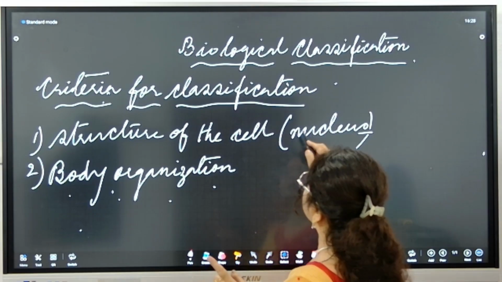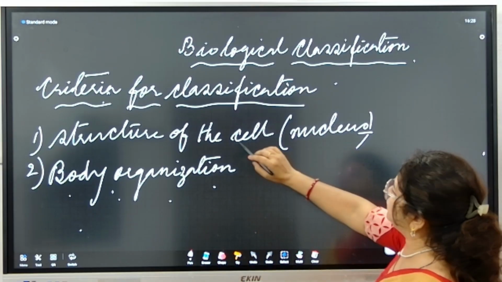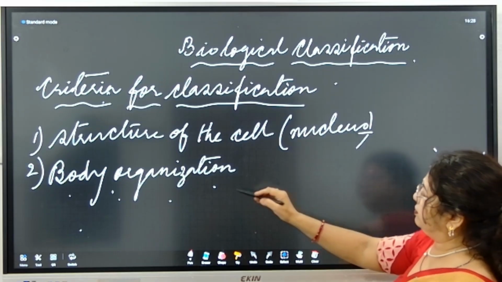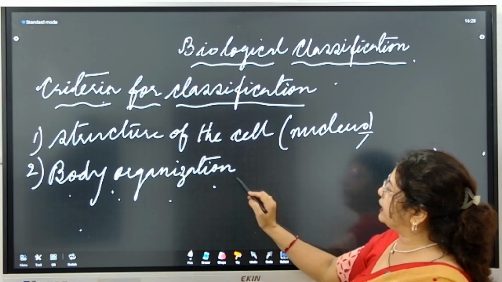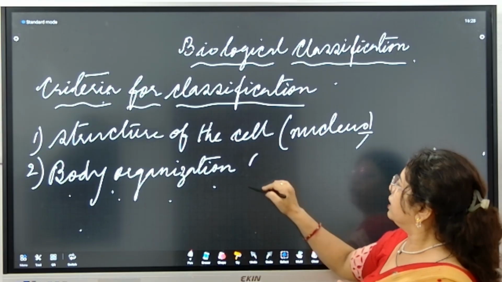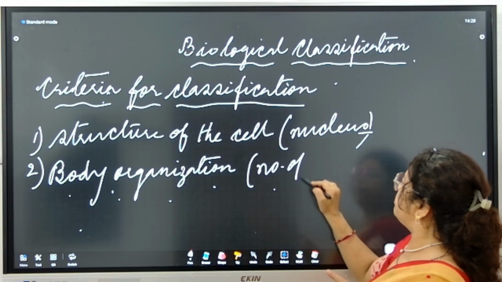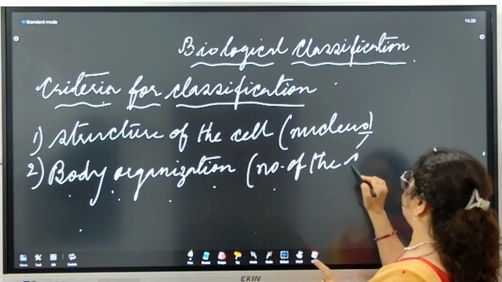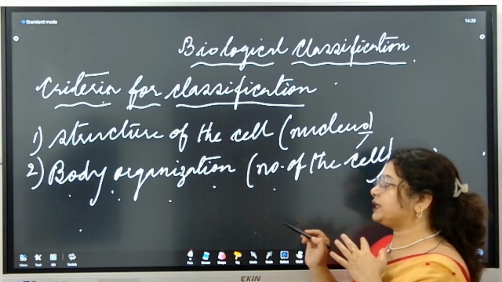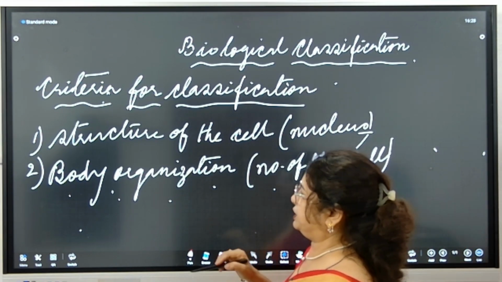According to that, the prokaryote and eukaryote was done, and your body organization will be unicellular, multicellular, number of the cell. Okay, body organization, number of the cell, or cellular or tissue level, that is also under body organization.